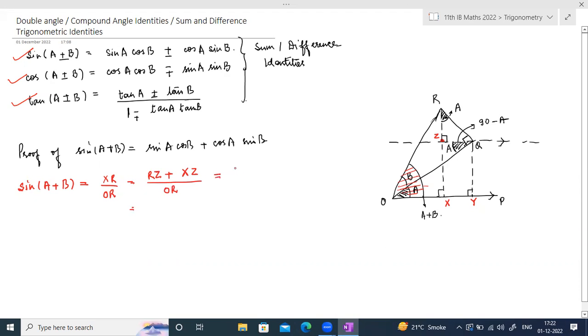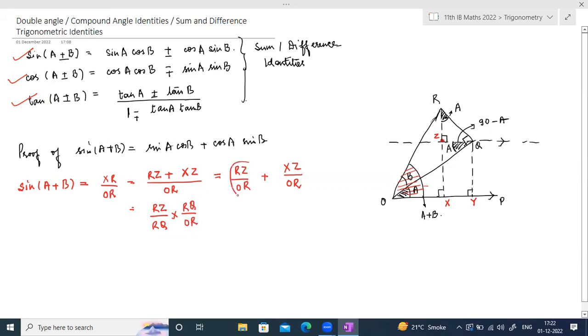Now we can split this into two parts, RZ over OR plus XZ over OR. Now you do RZ over RQ into RQ over OR.